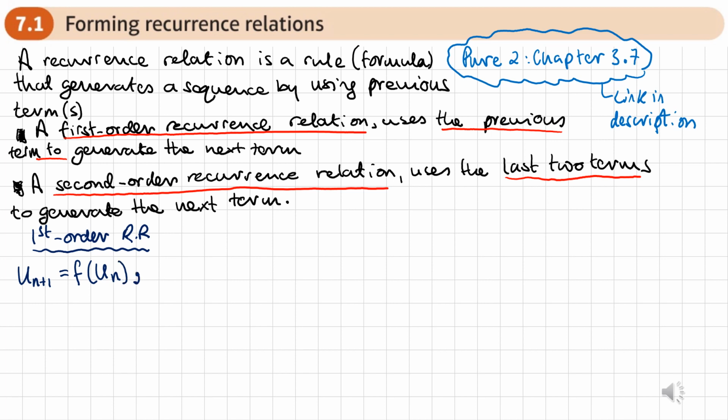And with all recurrence relations, we need a starting value or an initial value, which we'll call U0. So this U0 is called the initial condition.